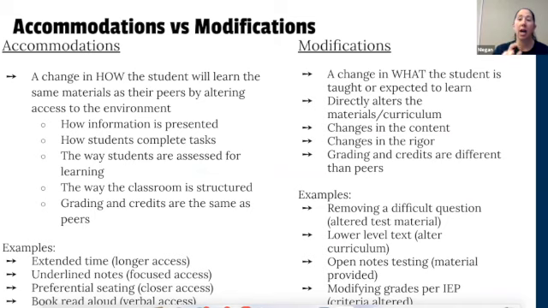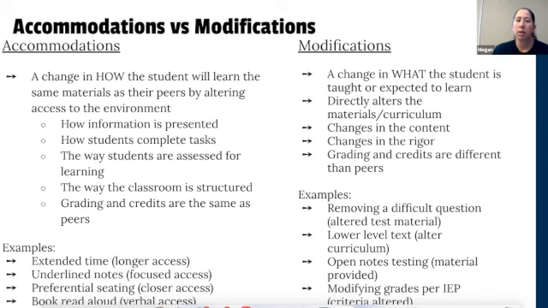We need to change how the student will learn the same materials as their peers by altering access to the environment. So how information is presented, how students complete tasks, the way students are assessed for learning, the way the classroom is structured, and grading and credits are the same as the peers.